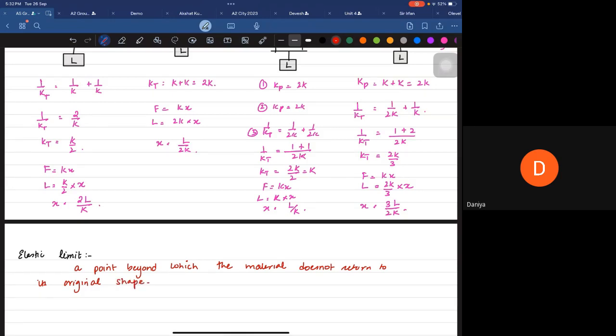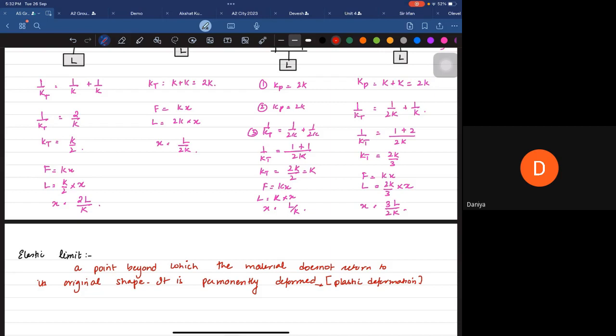We can say that after this it is permanently deformed, and permanent deformation has another word. It's called plastic deformation. Now it will just change its shape forever. Is it clear, everyone?